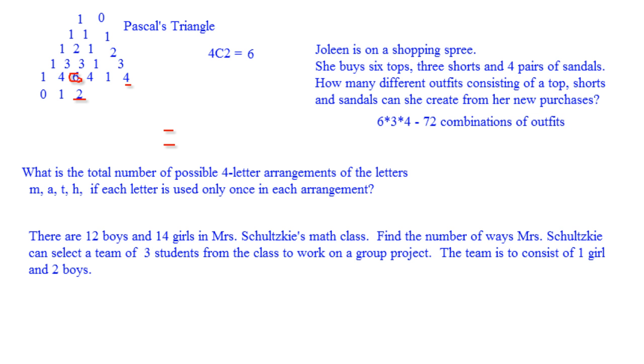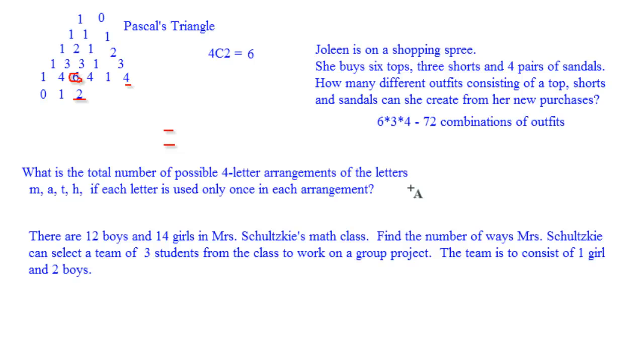Alright. Now, what is the total number of 4-letter arrangements of the letters M, A, T, H if each letter is used only once in arrangement? Now, if you notice in this one, we do care about the order. Well, this one's kind of interesting.